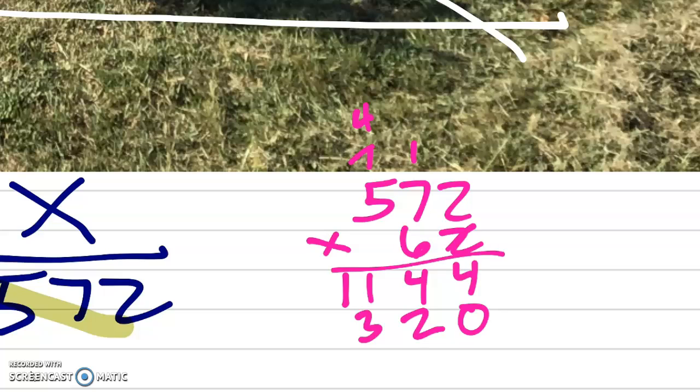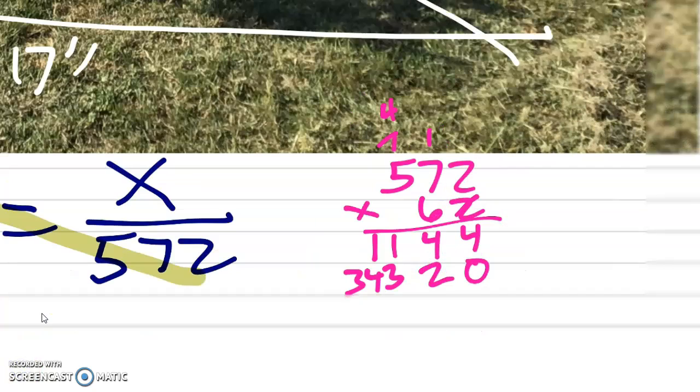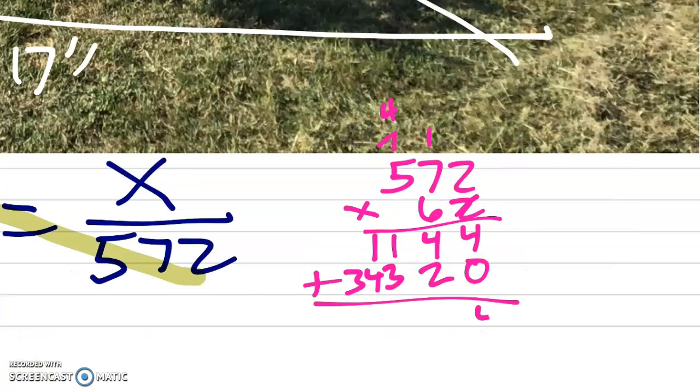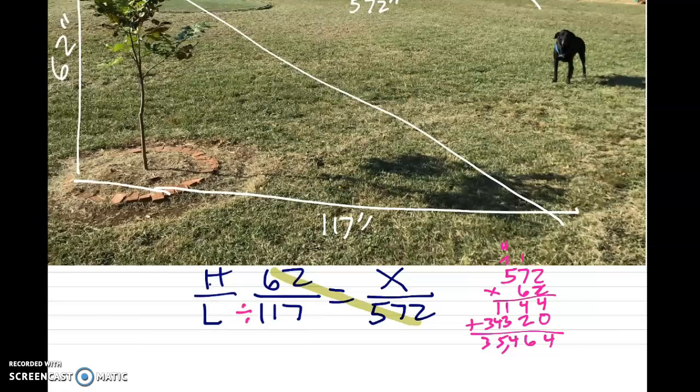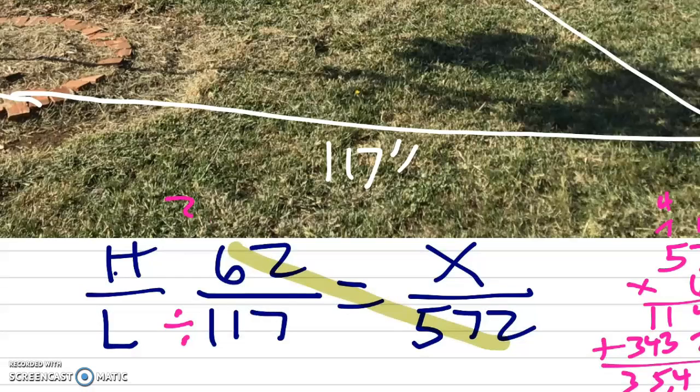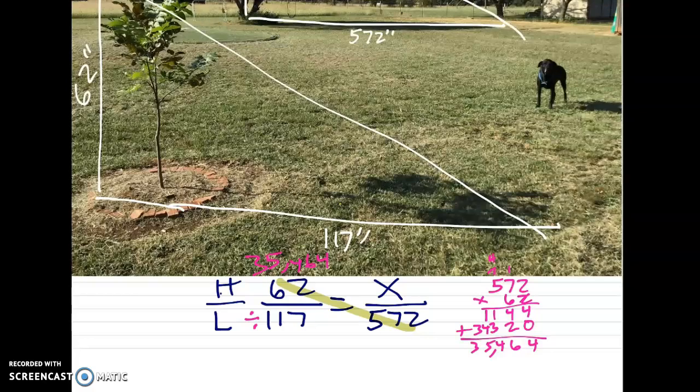And 6 times 5 is 30, plus the 4 is 34. So if you add these up, we get 4, 6, 4, 5, 3. So we've got 35,464. Now just divide that by the number that you have left over of 117.